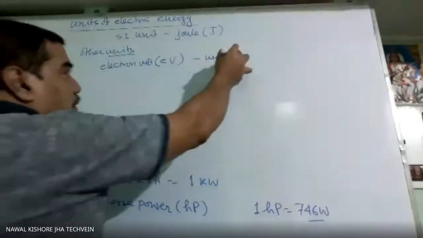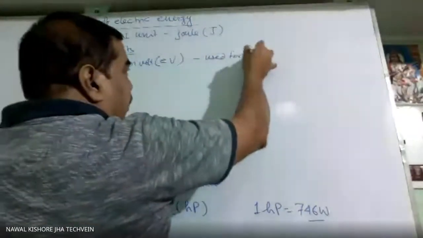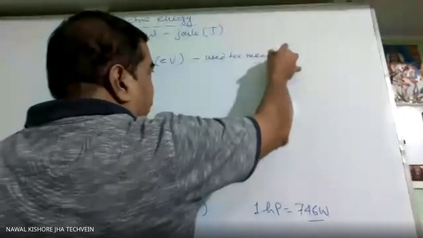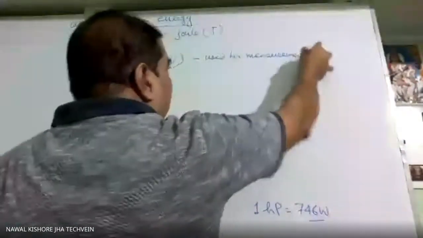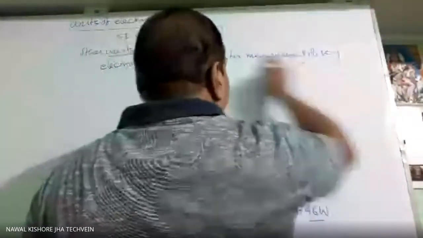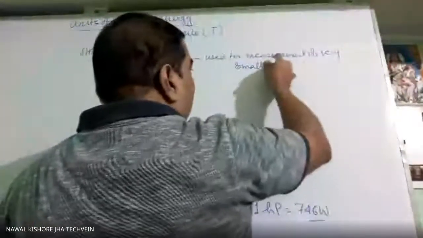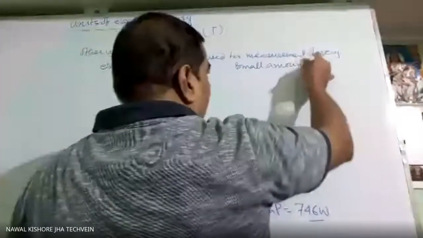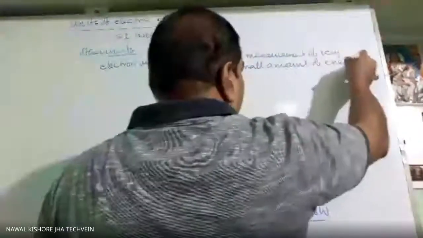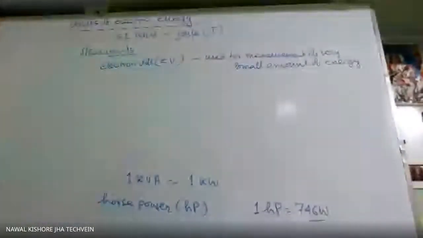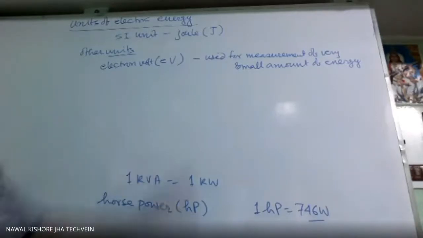We use it for measurement or expression of a small amount of energy, like how much energy is contained by a moving electron or moving proton or alpha particle. So that type of energy we express in electron volt. So how do we define this electron volt?